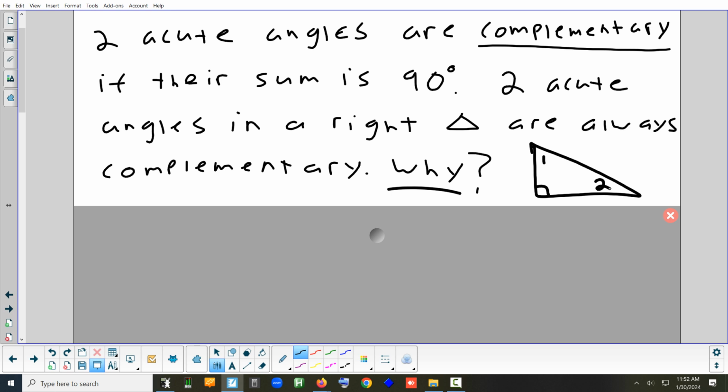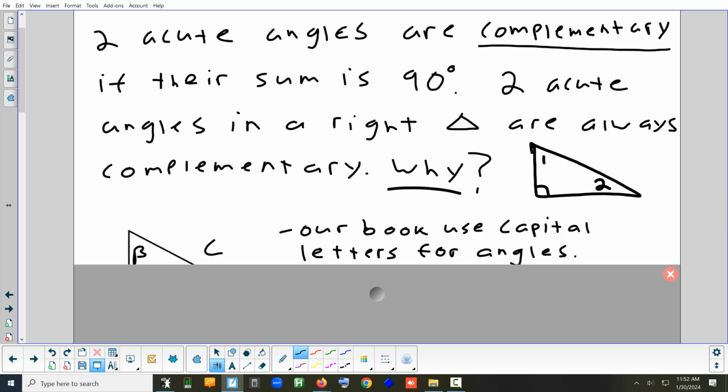Yep. Because there's 180 degrees in a triangle, and if 90 degrees is already being taken up, the other two have to equal 90. Okay, they all have to add up to 180, and you've already used up 90, so the other two have to total 90. Well, if they total 90, that's complementary. Yep.